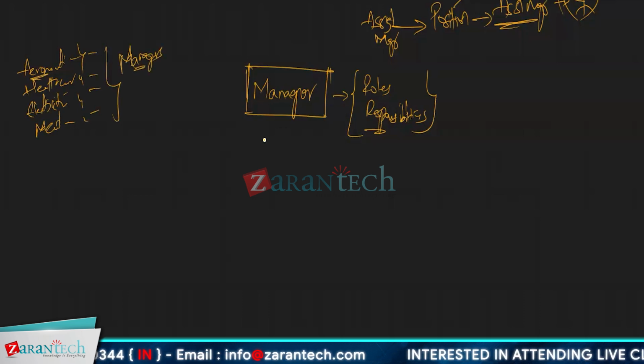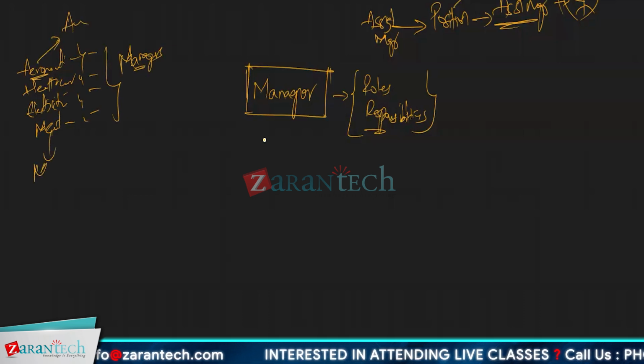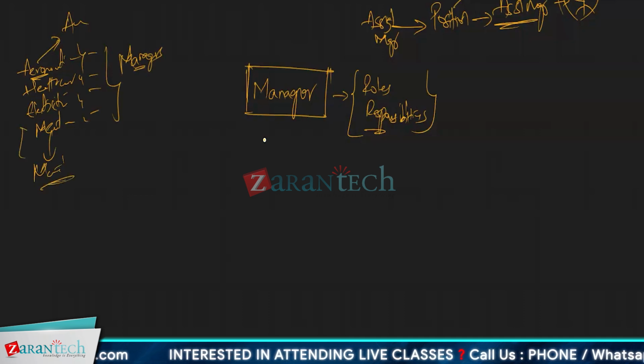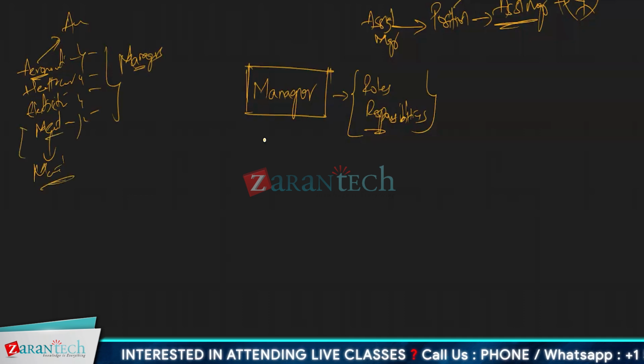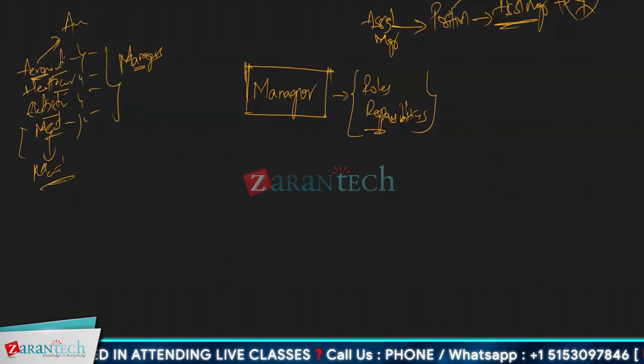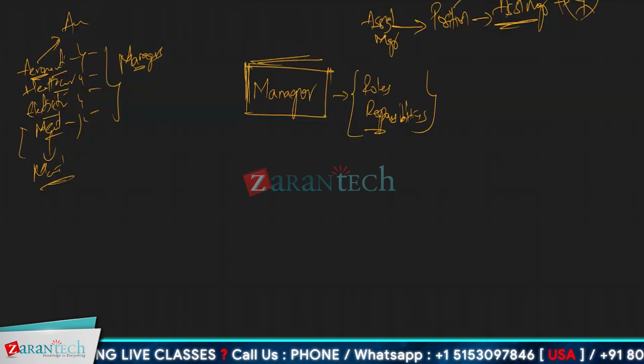If it's an aeronautics department, you will need an aeronautical manager. If it's mechanical, you need a mechanical manager. So the requirements for each of these department managers will be different. However, in this organization, you only have a generic job profile.